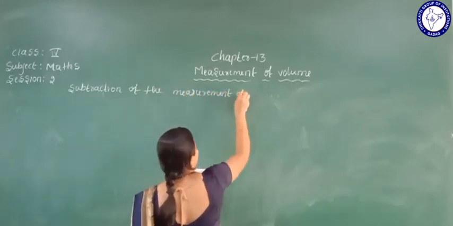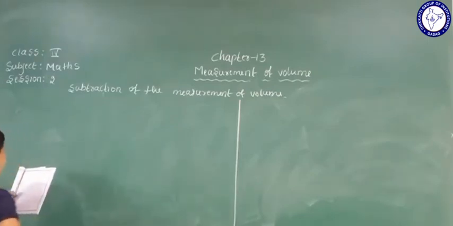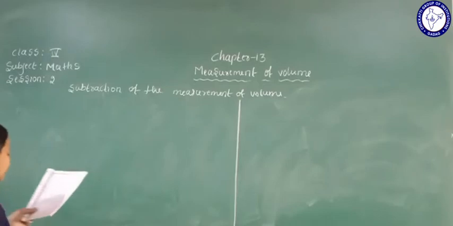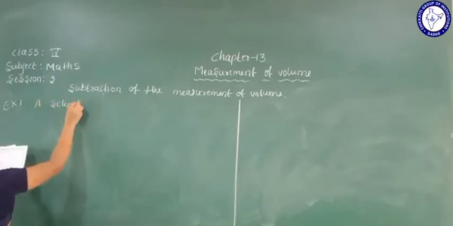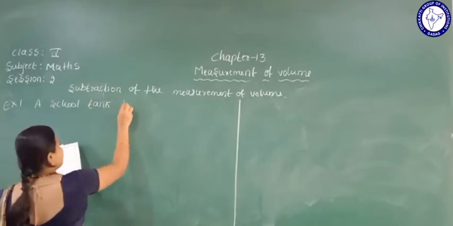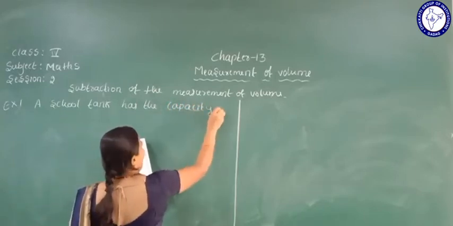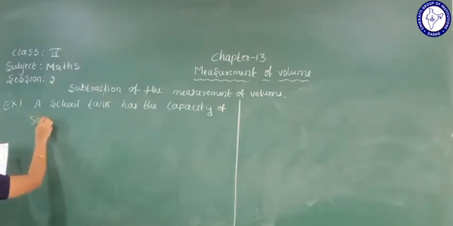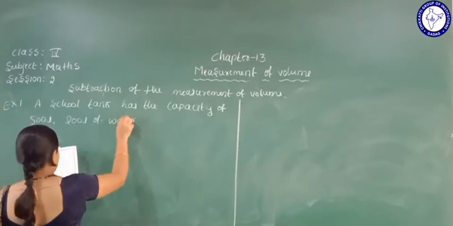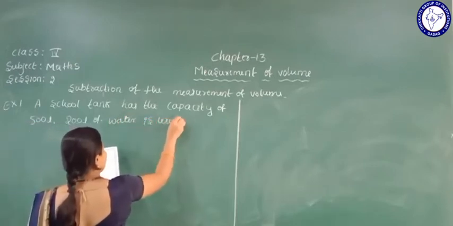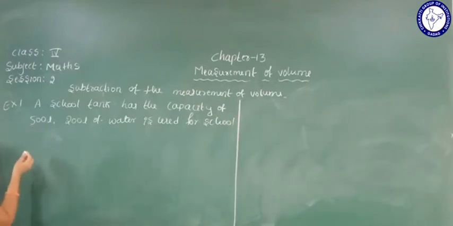Now we will be studying it. They have given one example here: a school tank has the capacity of 400 liter, and 200 liter of water is used for school gardening.